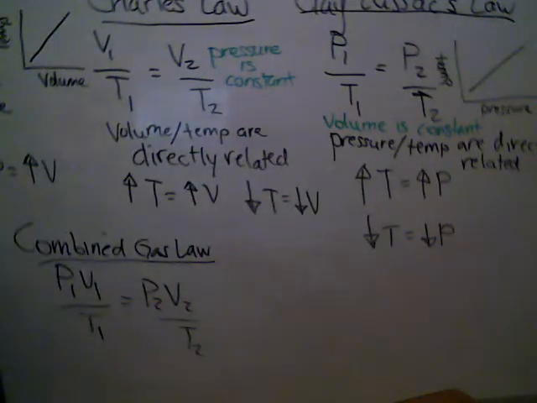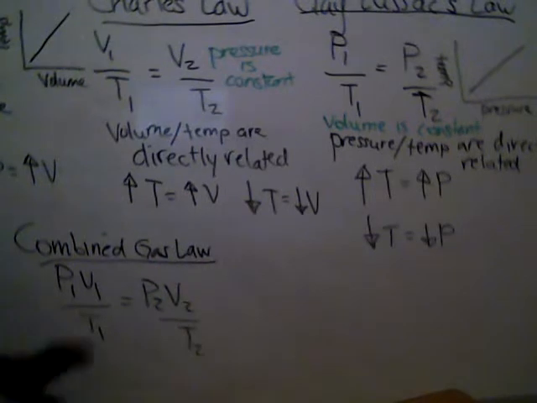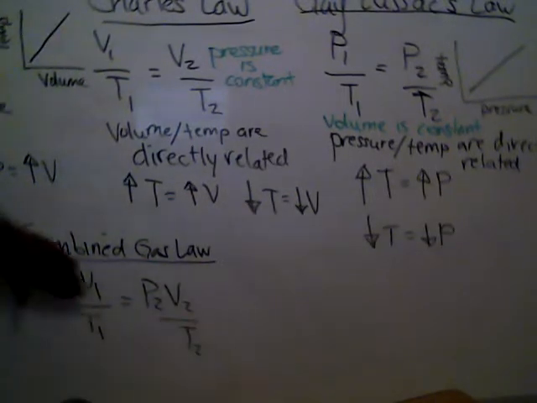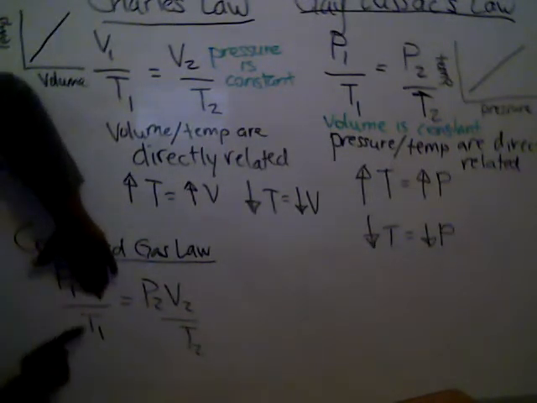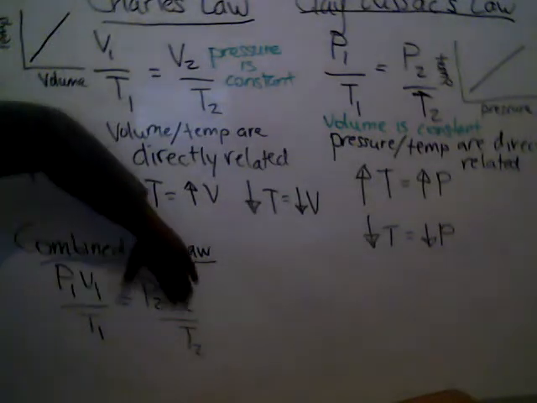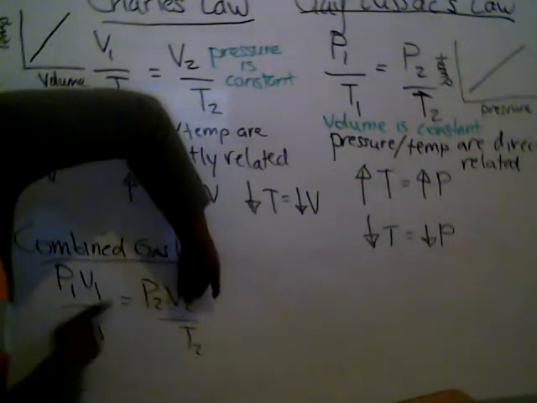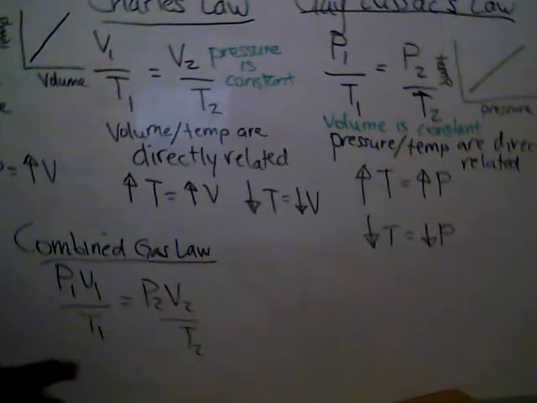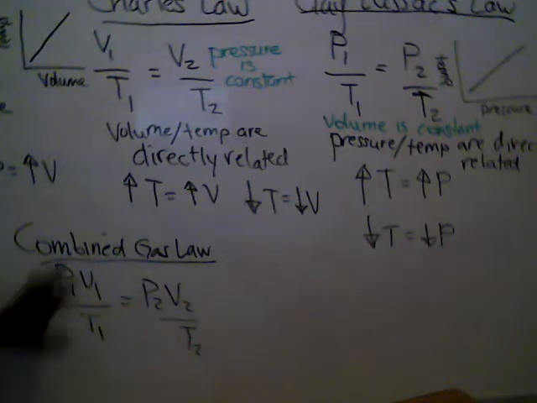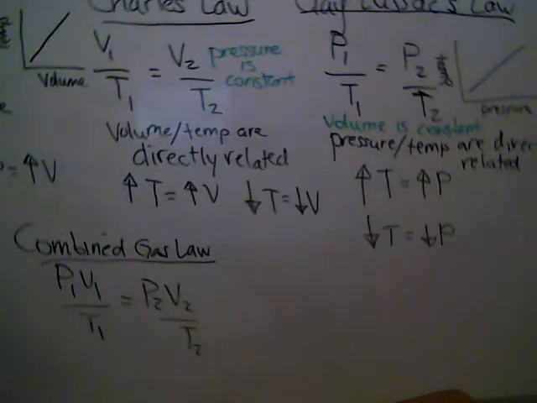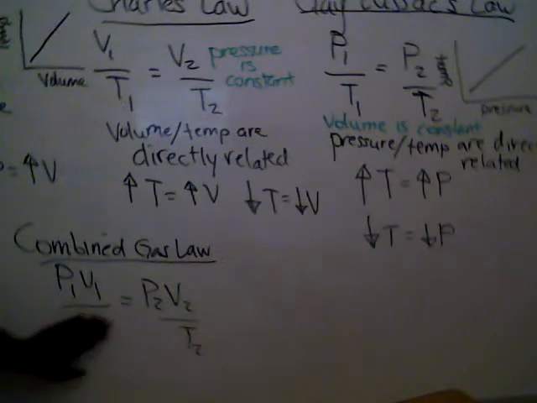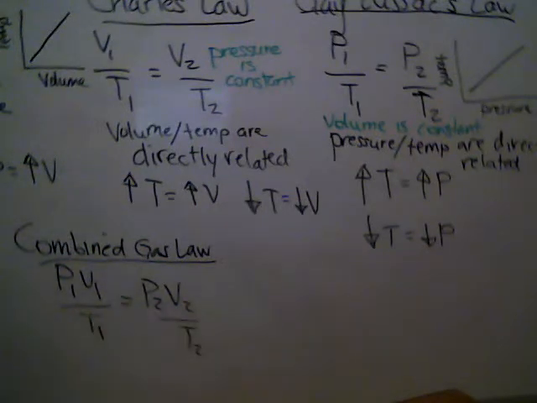So if you're given a word problem that does not have anything with volume in it, or if they say volume is constant, or if they don't give you any volume information, then if you cover up the V's, you have P1 over T1. If you cover up this V, you have P2 over T2. So we see that if you memorize the combined gas law, whatever information in the word problem they don't give you, just eliminate that variable and you have the law that you need.